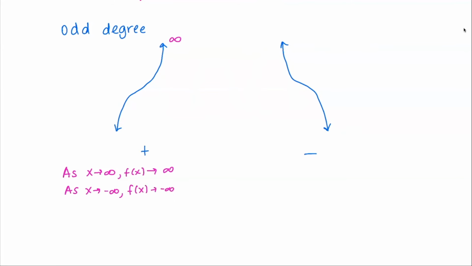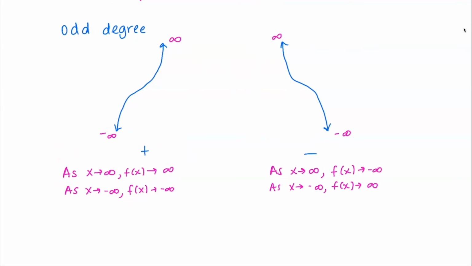So we can see that with a cubic, the end behaviors are going in opposite directions. Similarly, if we have the negative leading coefficient, they are still going in opposite directions, but it is switched from our positive leading coefficient. So we could say as x approaches infinity, f of x in this case approaches negative infinity. And as x approaches negative infinity, f of x is actually going towards infinity.